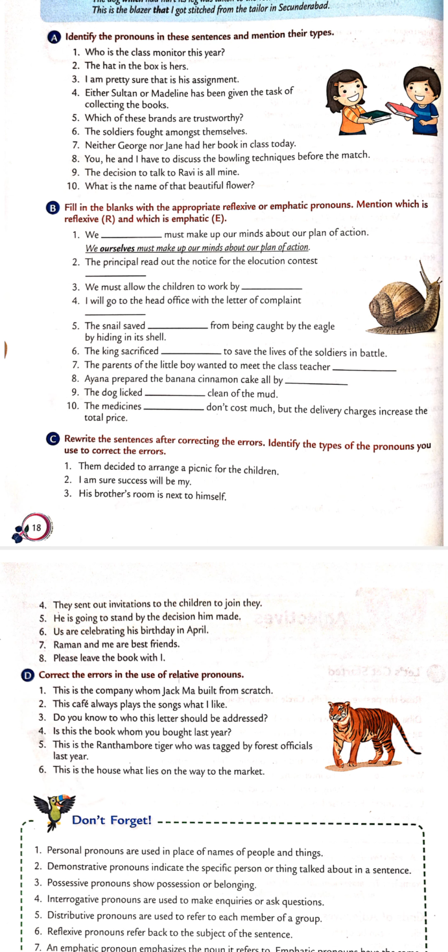A reflexive pronoun. We must allow the children to work by themselves. To work by themselves. Here, emphatic pronoun. I will go to the head office with the letter of complaint myself.